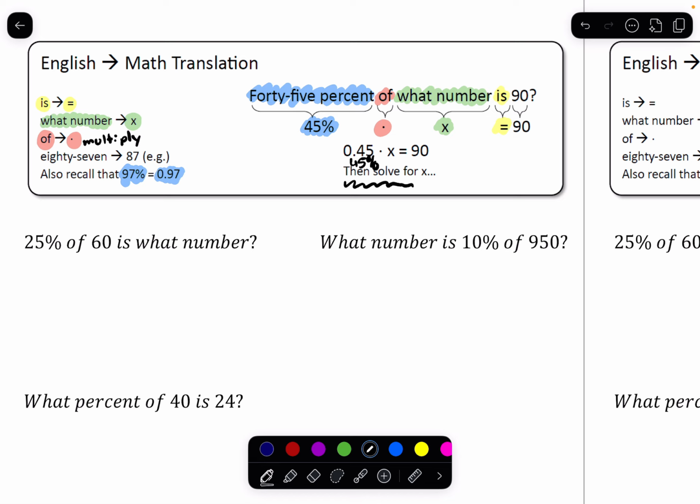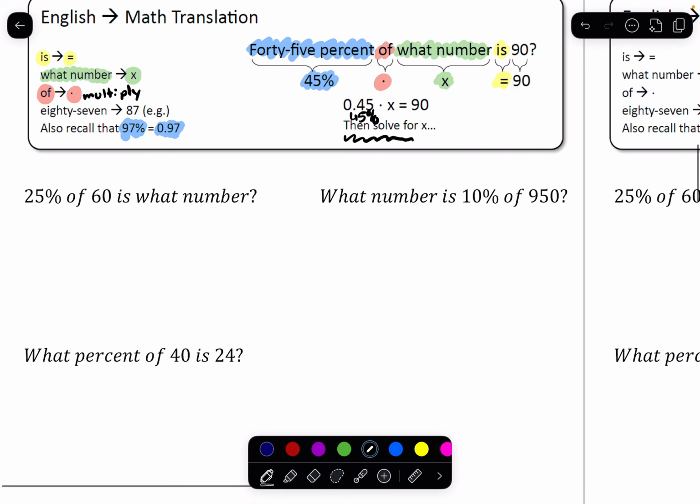Once you have the equation written out, you just follow the steps and solve the equation. So, a couple examples. 25% of 60 is what number? It's a lot of words. I'm just going to start translating them. So 25% means 25%. So I'm going to go ahead and write 25% of means multiply. 60 means 60.